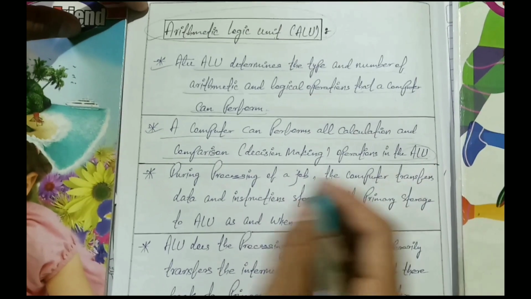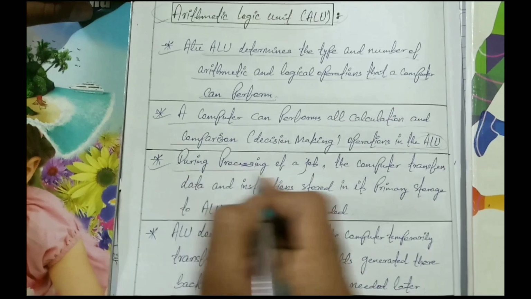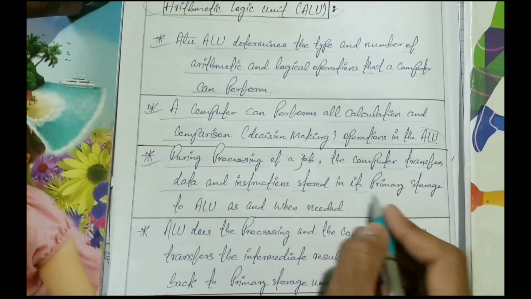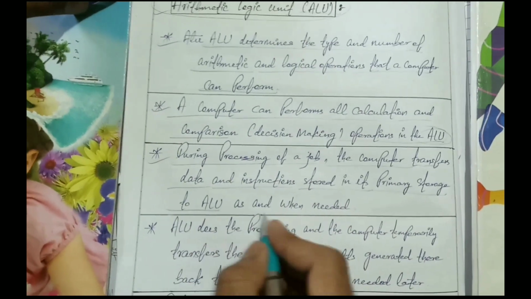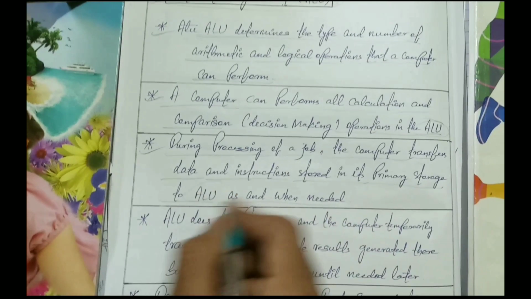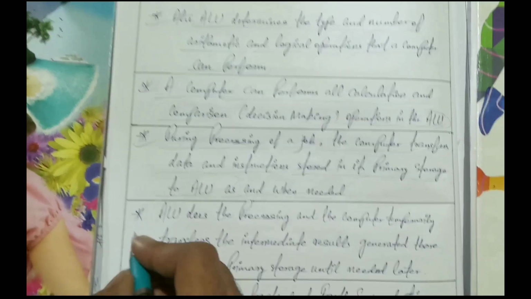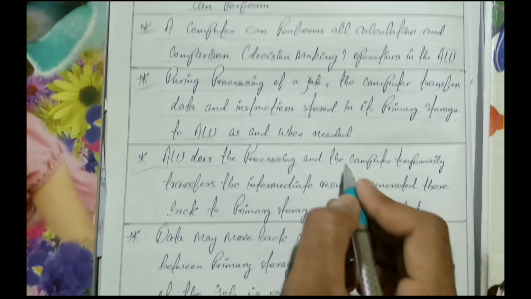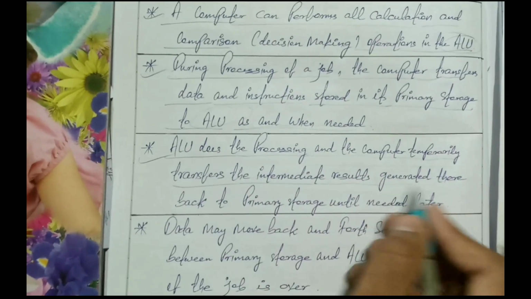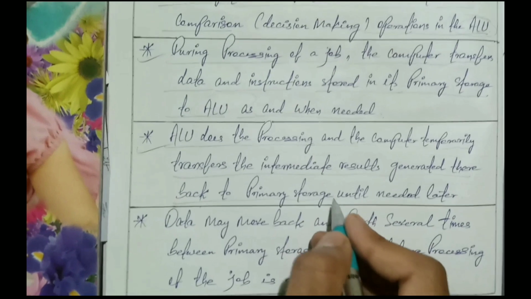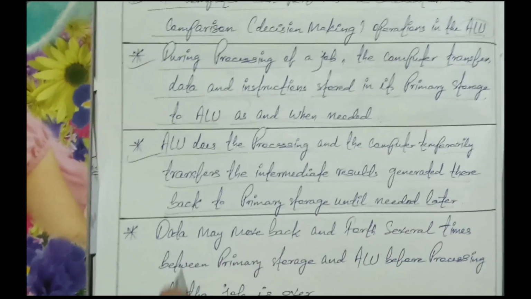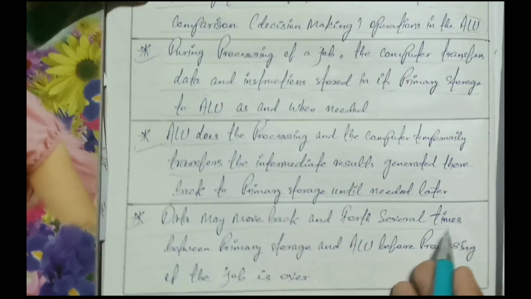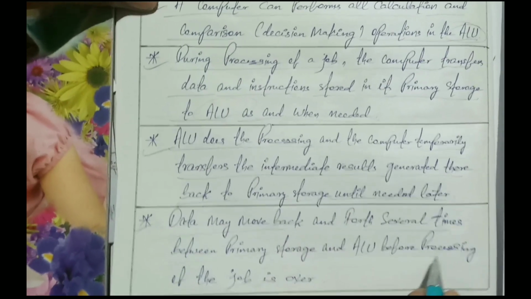During processing of a job, the computer transfers data and instructions stored in its primary storage to the ALU as and when needed. The ALU does the processing and the computer temporarily transfers the intermediate results back to primary storage until needed later.